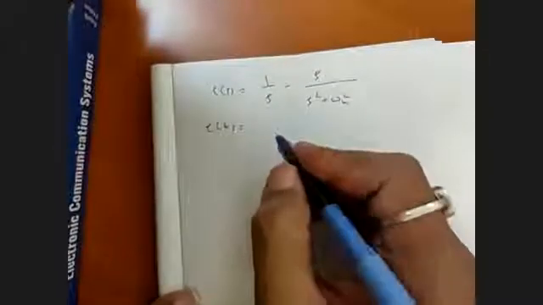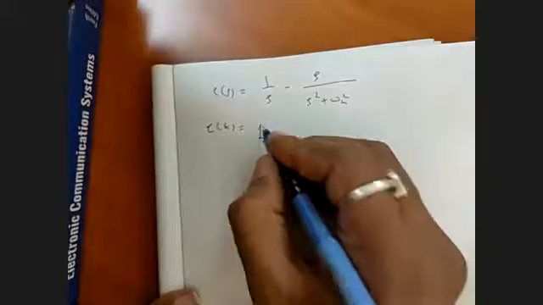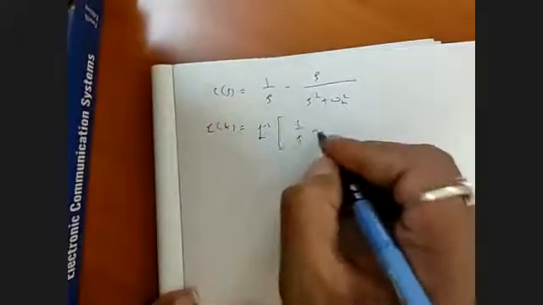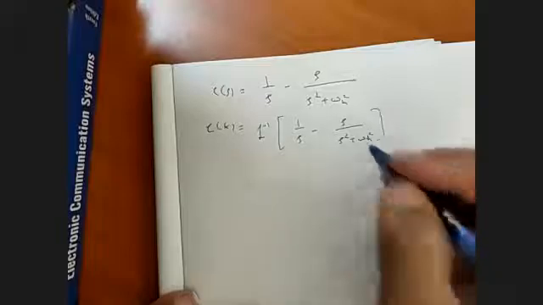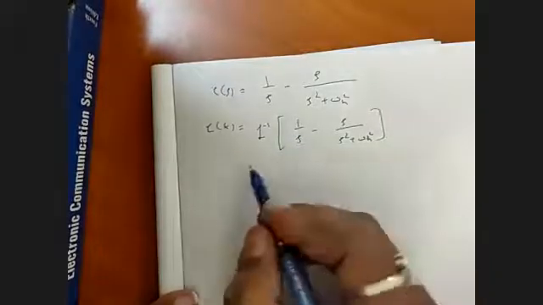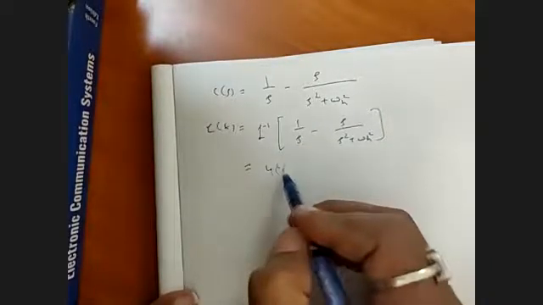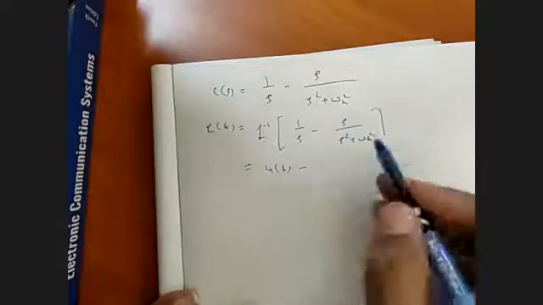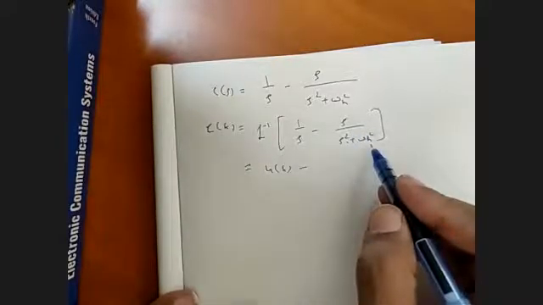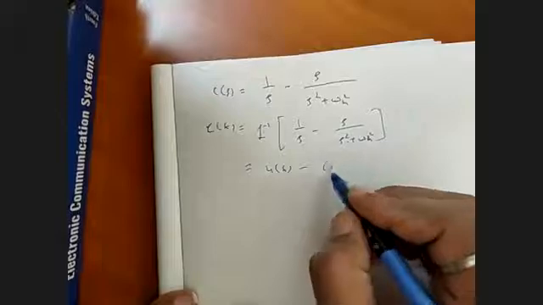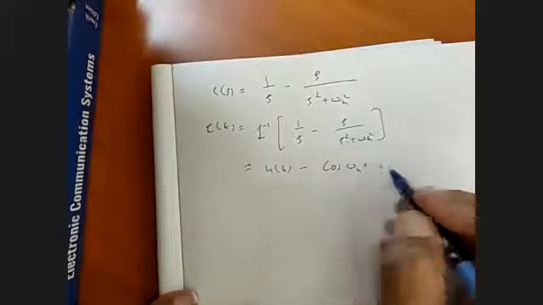So ct will become the Laplace inverse of 1 by s minus s upon s square plus omega n square. So 1 upon s means ut, minus s upon s square plus omega n square, that is cos omega n t.